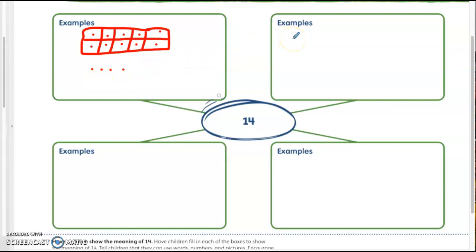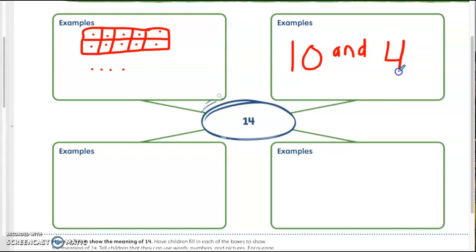We could also do 10 and, remember the word and means add, plus, or addition. So you could say 10 plus, 10 add, 4.